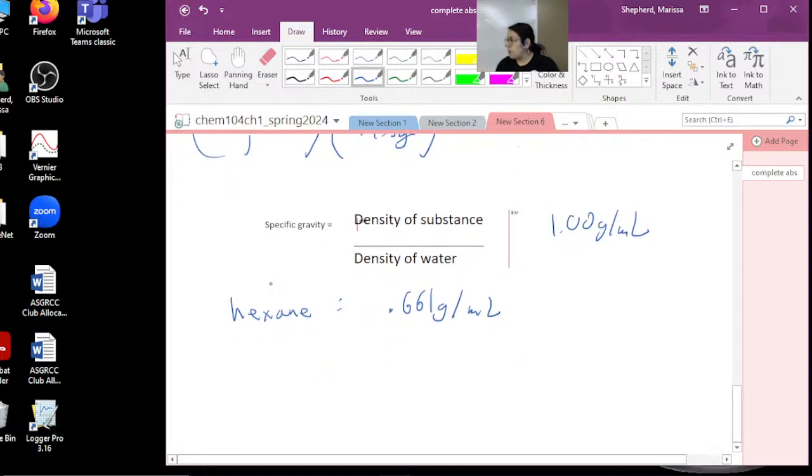If you were to find the specific gravity, as your book defines it, compared to water, you just take this divided by 1, and it becomes unitless. So you end up with 0.661 for your specific gravity. It feels kind of silly, but it's in your book as your definition of what specific gravity is. So just know that it's a comparison of two densities.